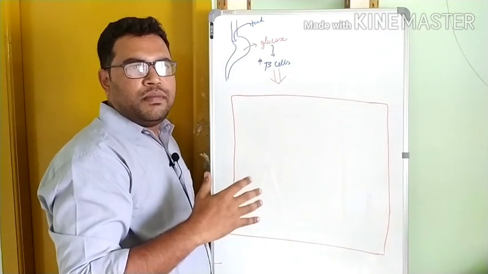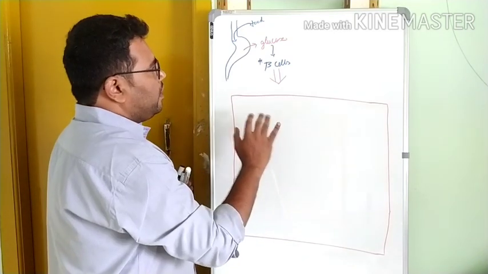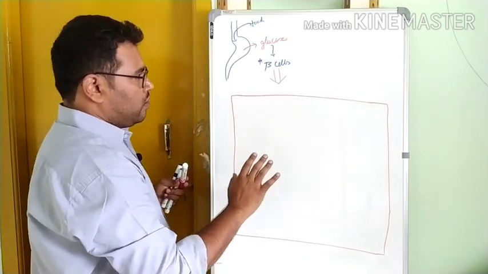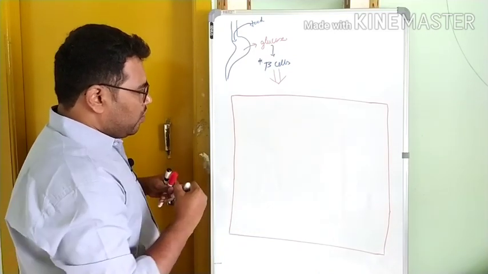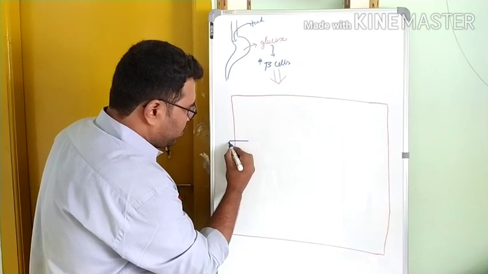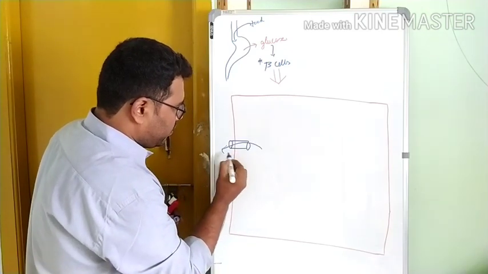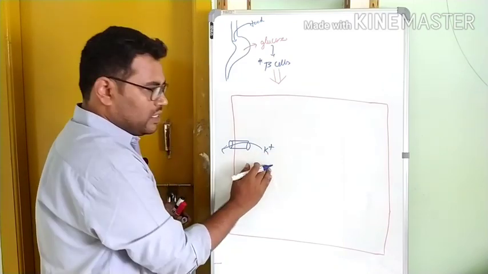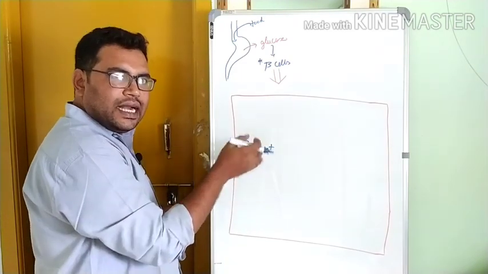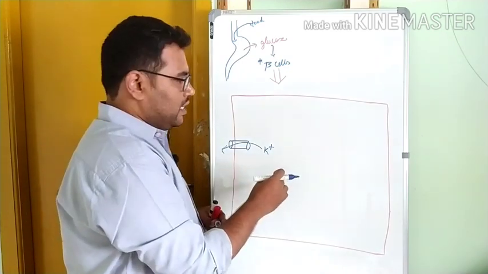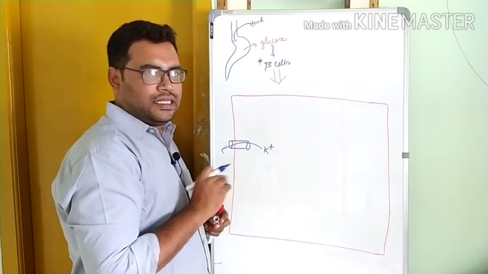That means whenever blood glucose levels are low, this cell will be in resting stage. From this cell, potassium will be going out. That means potassium inside the cell will be going outside. That is, the positivity of the cell is decreasing and the negativity of the cell is increasing. Whenever the negativity of a cell increases, that cell will be in resting stage.